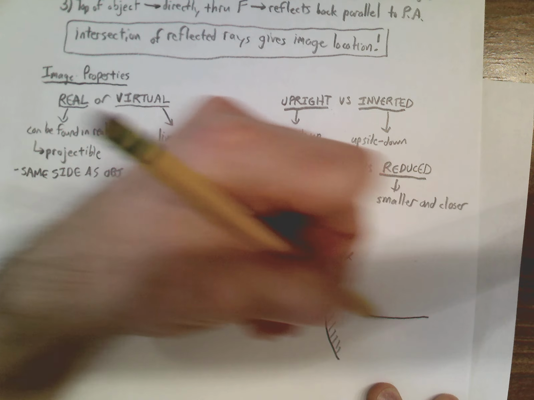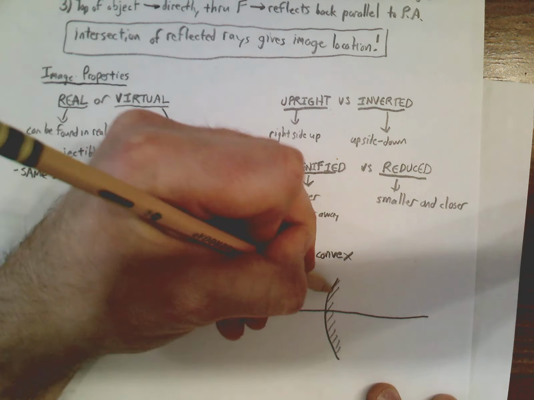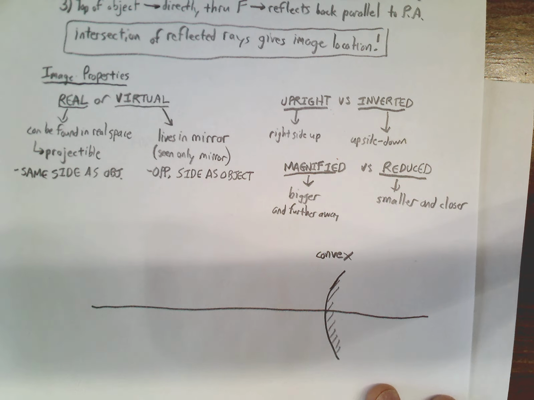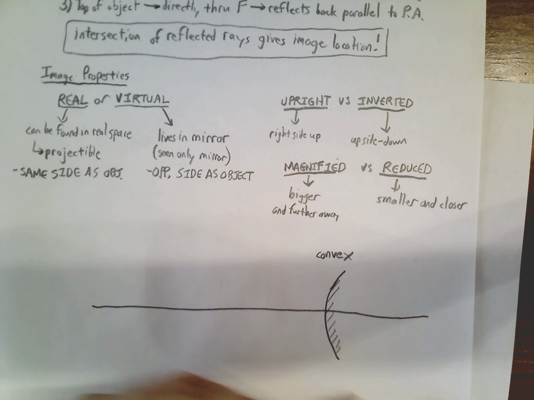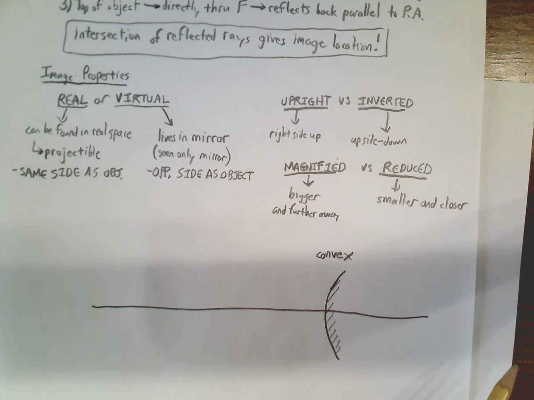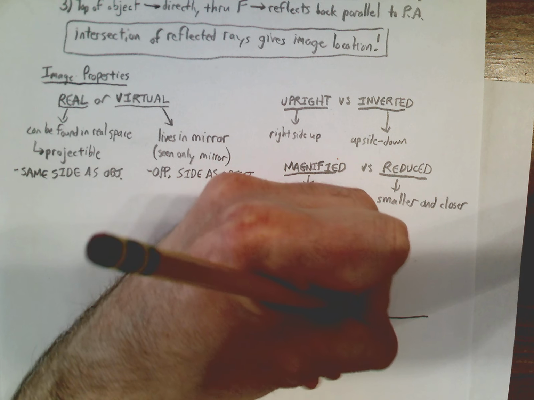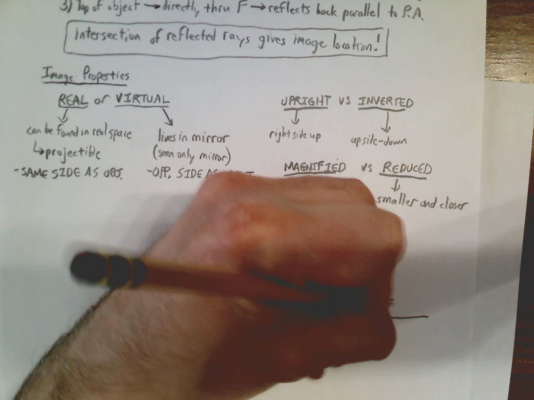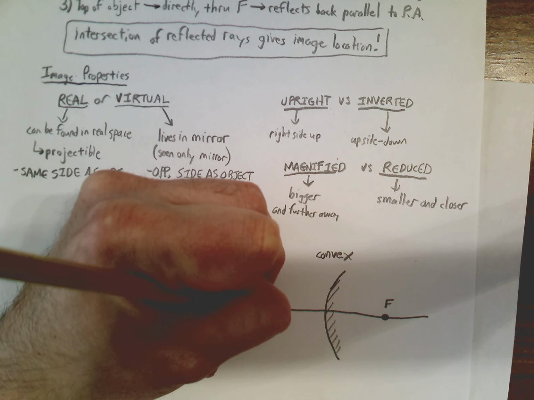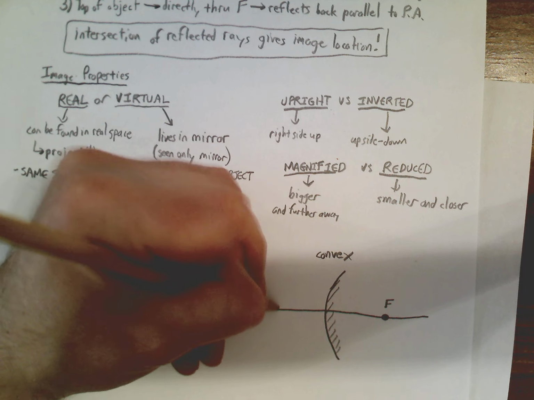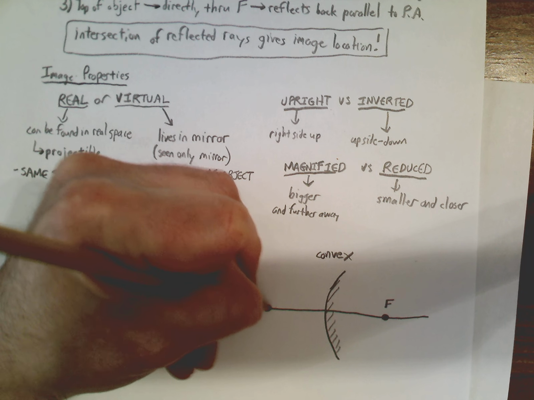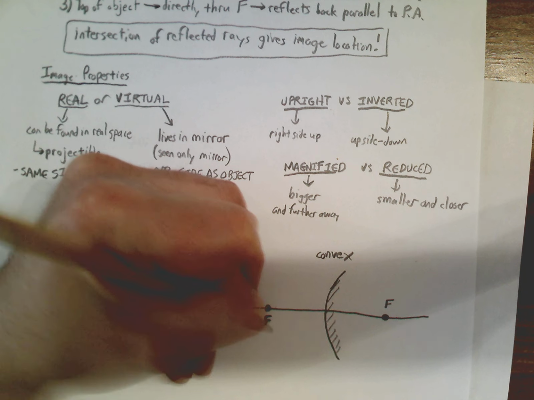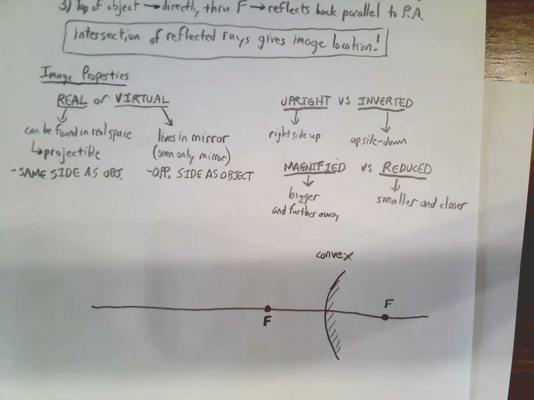We still draw a principal axis. We can still draw a focal point. There's still a spherical surface here, so the center of curvature exists. We can draw a focal point somewhere on this side, but we're also going to draw one over here. It should be symmetric about both sides of the mirror. It's just kind of a mathematical tool to help us reference.